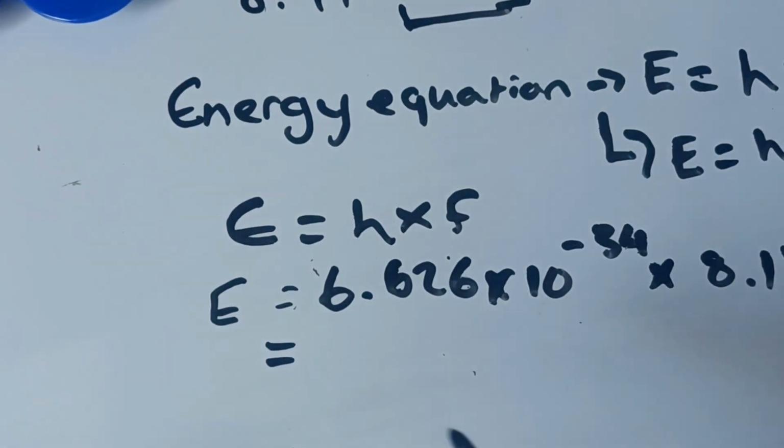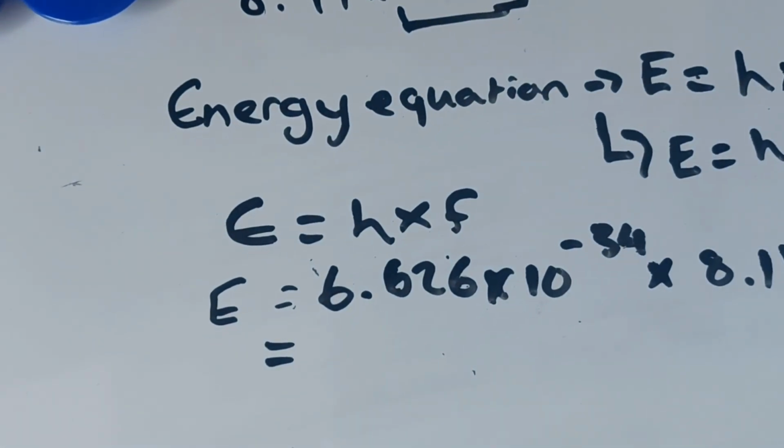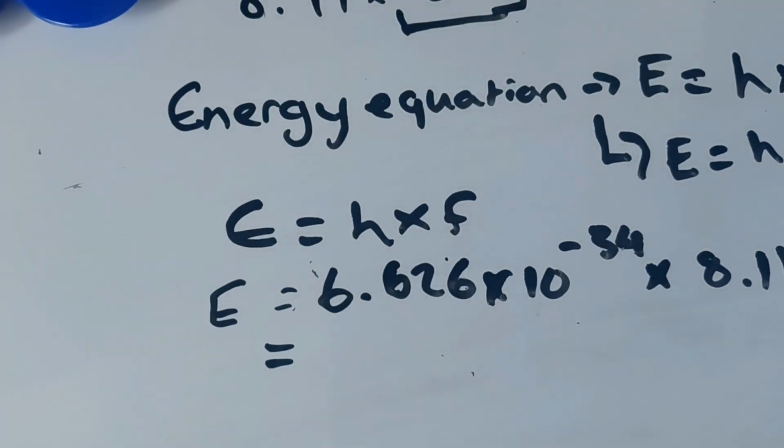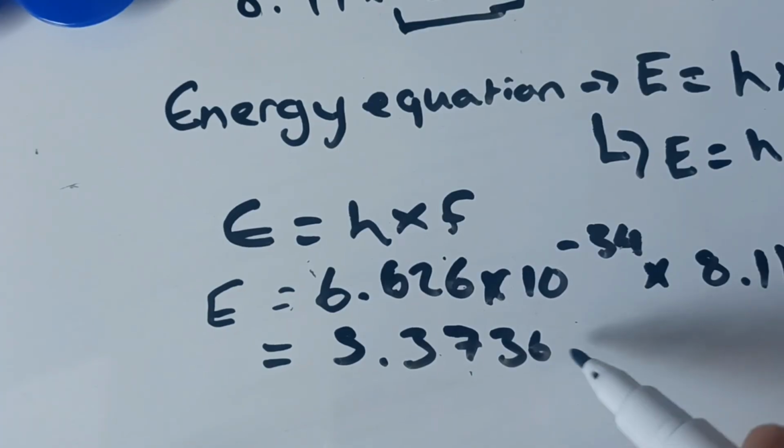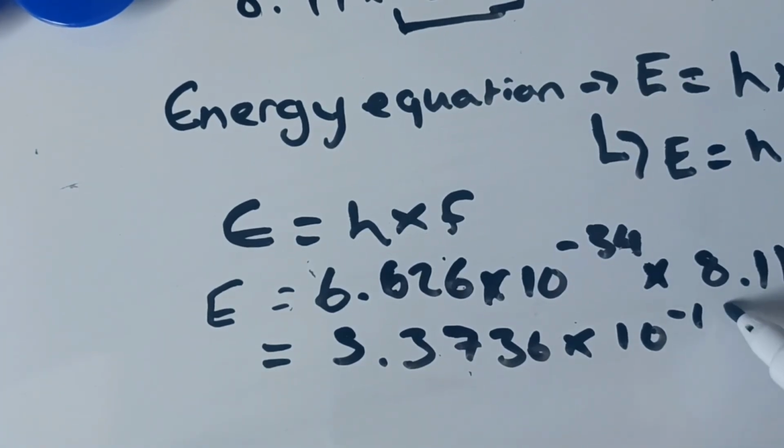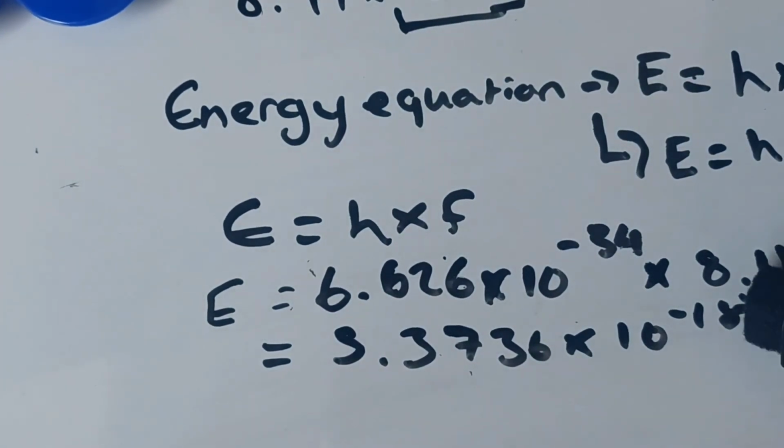So that value should be equal to 5.3736 times 10 to the minus 18.